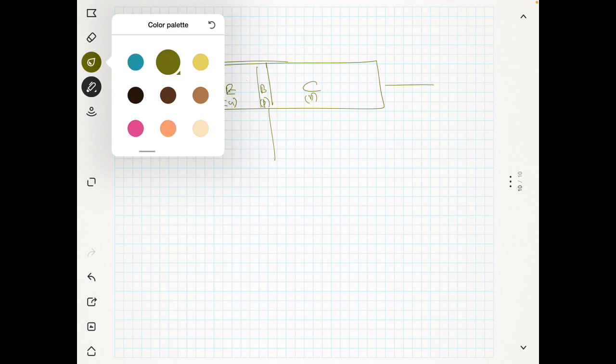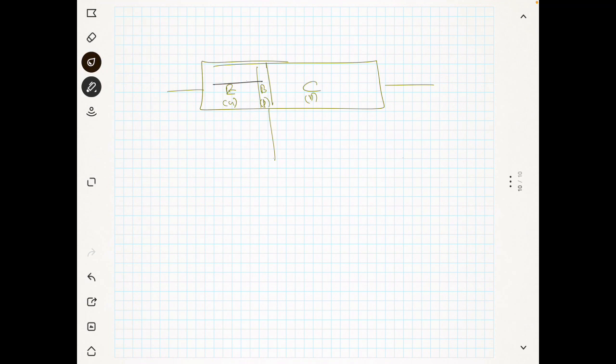So a lot of electrons have been injected from the emitter to the base, and only a few of the electrons escape from the base, okay, and the majority of the electrons reach the collector.